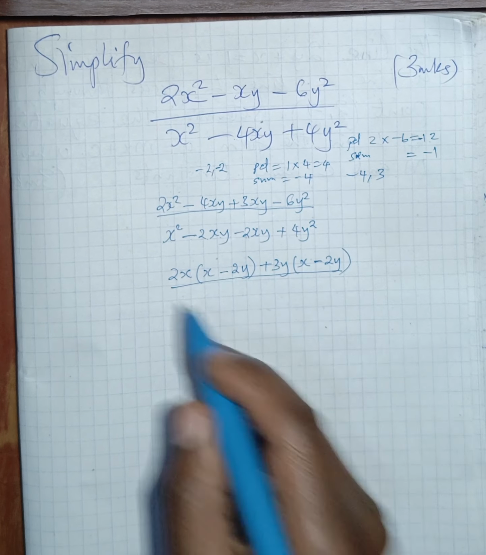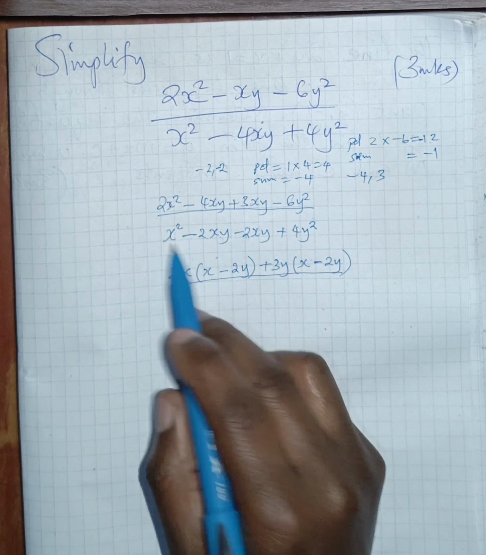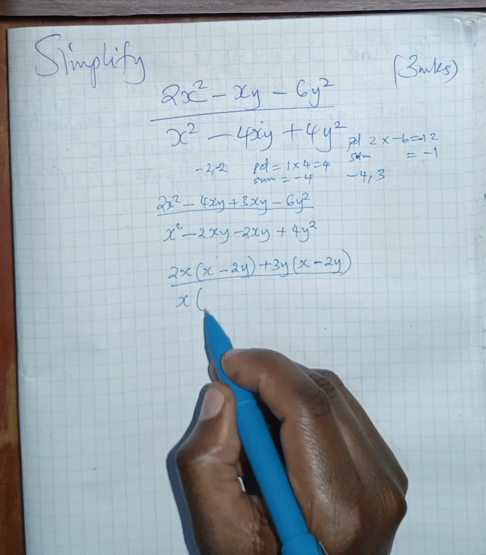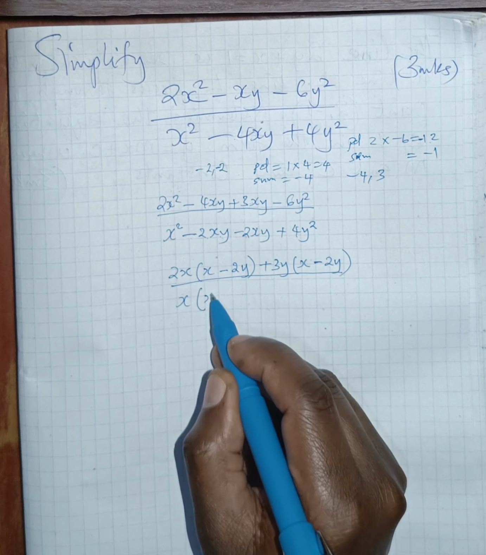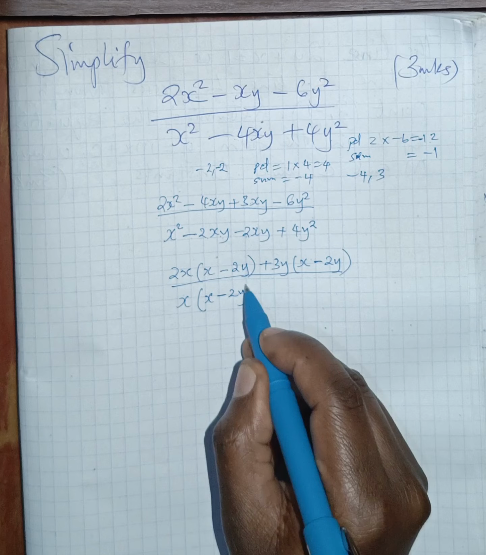Then divided by what is common here. I split these two again. What is common here is x, so I take x out, open brackets, x minus 2y.